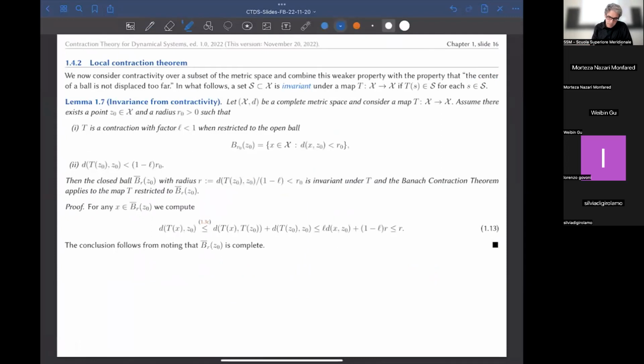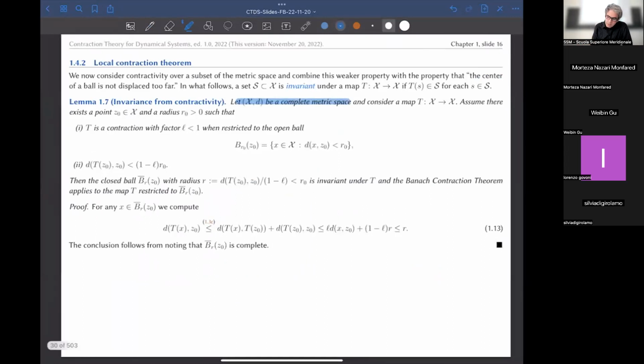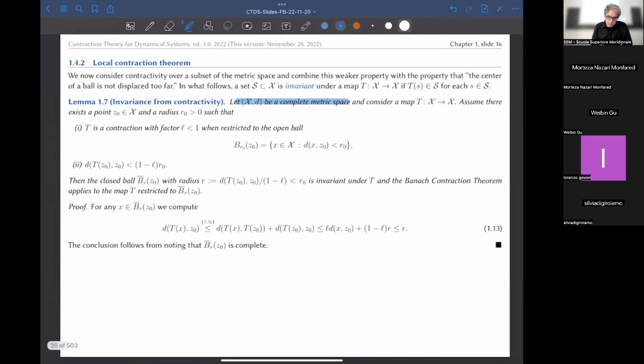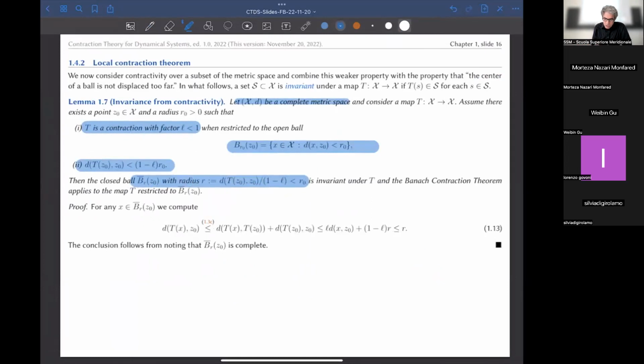The theorem says, well, this is a more complete statement. I have a complete metric space, still complete, right? Assume that my map is a contraction with factor L when you are working on that ball, and the center does not jump too far. Then the closed ball with radius, essentially it's the closed ball with radius R1.